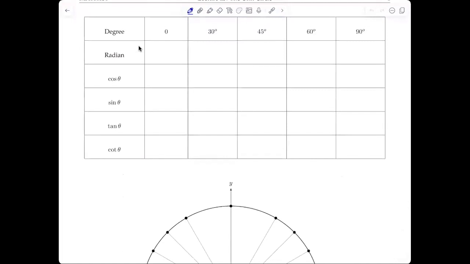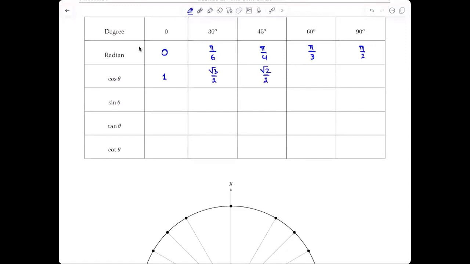So for radian, I'm going to convert between degree measure and radian measure. So 0 here, pi over 6, pi over 4, pi over 3, and pi over 2. Again, this is very similar to the question in the quiz that you had. So cosine of 0 is 1. Cosine of pi over 6 is root 3 over 2.